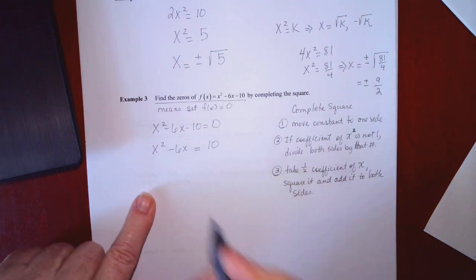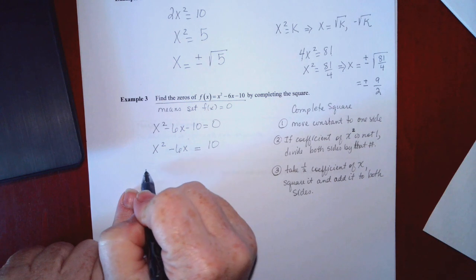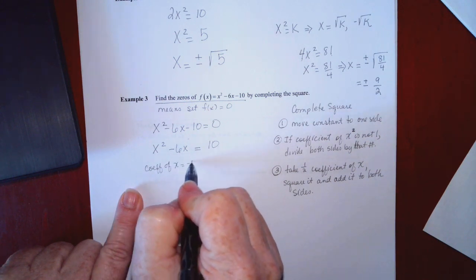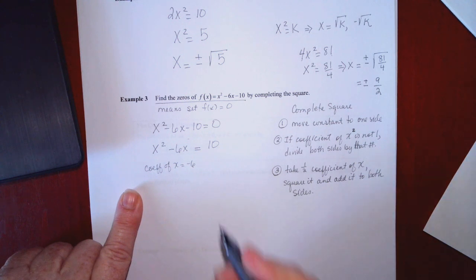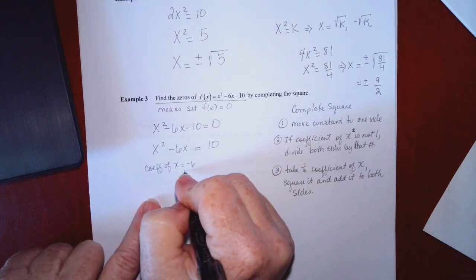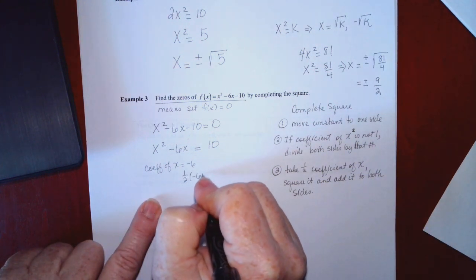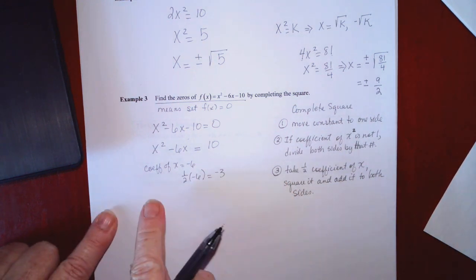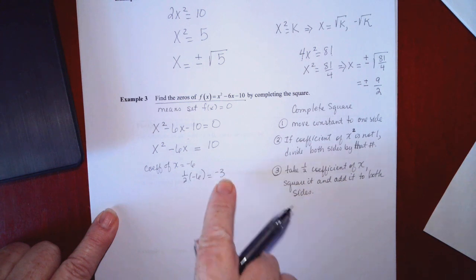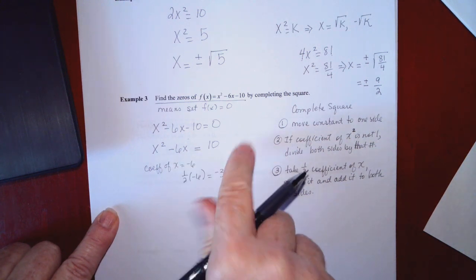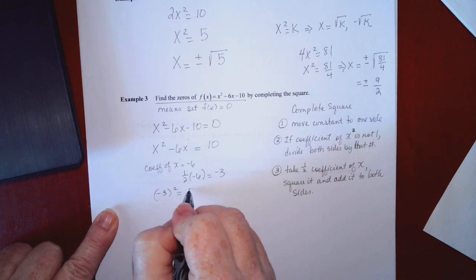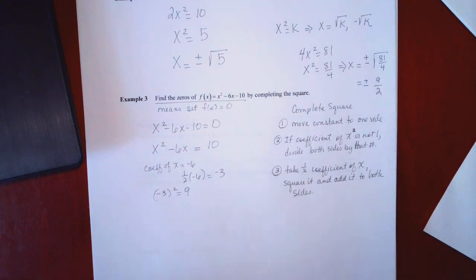Okay, so the coefficient of x here is negative 6. Half of that is negative 3. So we are going to square negative 3 and add it to both sides. Negative 3 squared is 9.